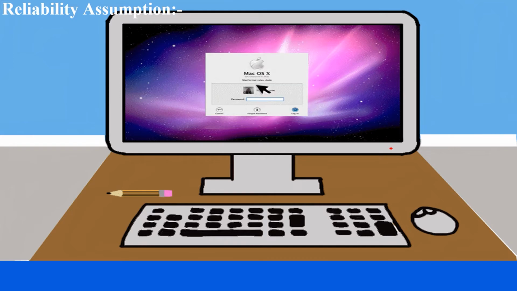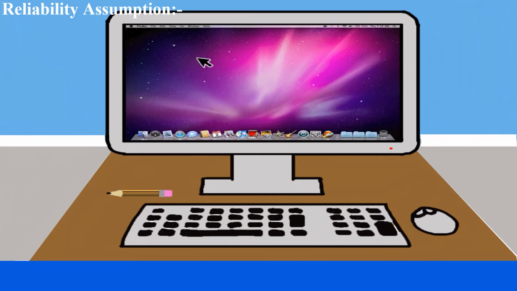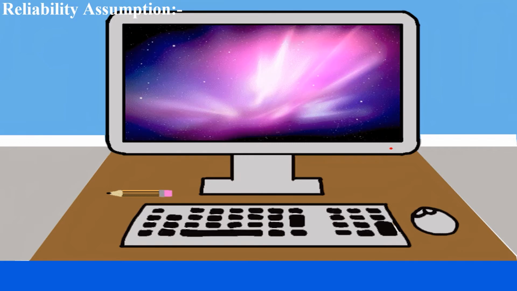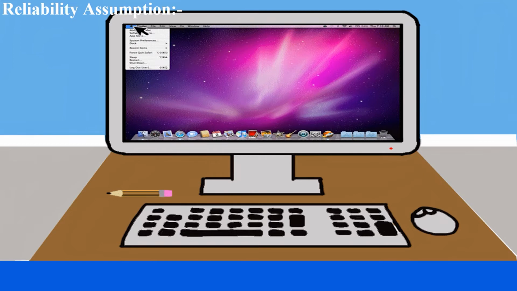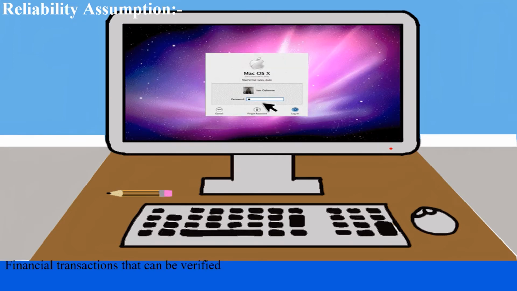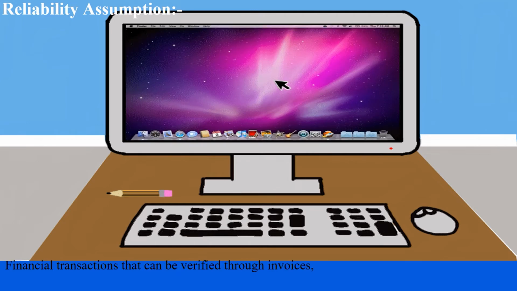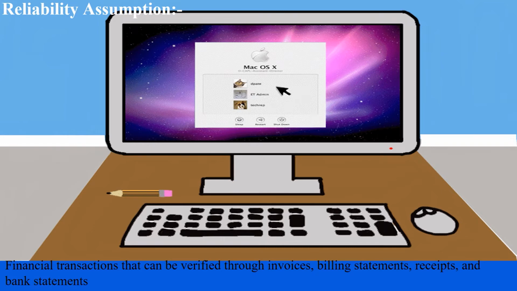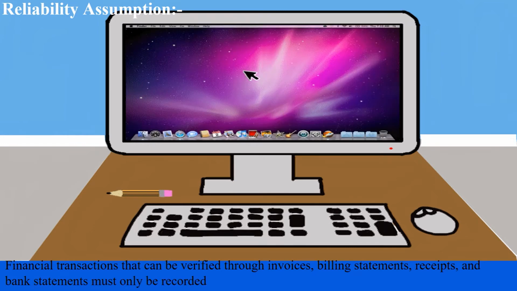This assumption makes it mandatory for companies to record only such accounting transactions that can be easily proven. In other words, financial transactions that can be verified through invoices, billing statements, receipts, and bank statements must only be recorded in the financial statements.